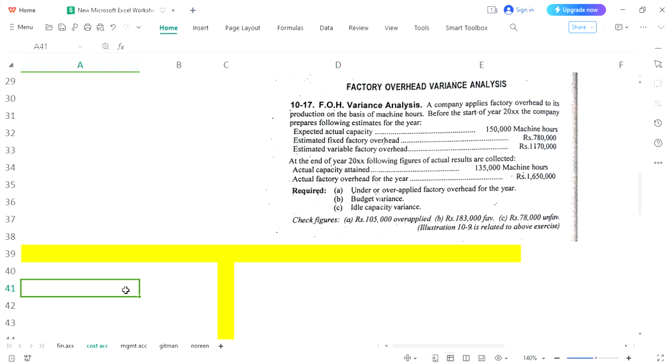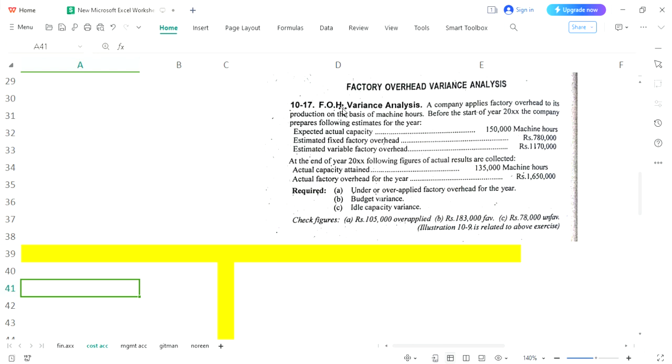You can see our target for today is to solve question number 10.17. I would like to explain why it is 10.17, why not 10.1. So please don't worry about that. Since this chapter is divided into two parts, the first half of this chapter is for departmental account, that is another topic.